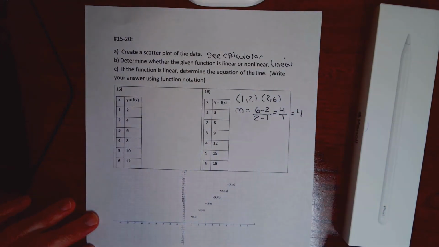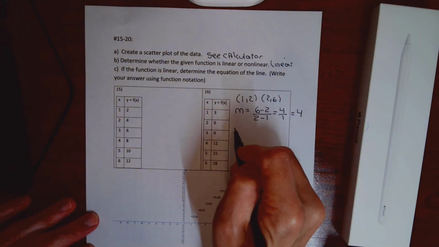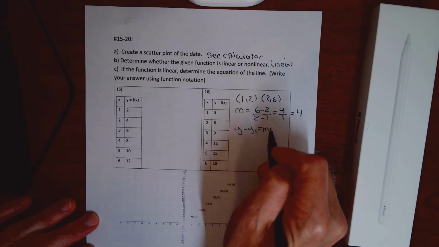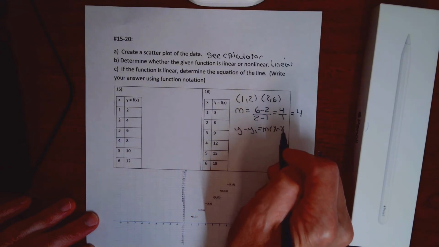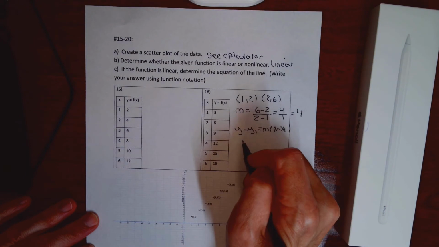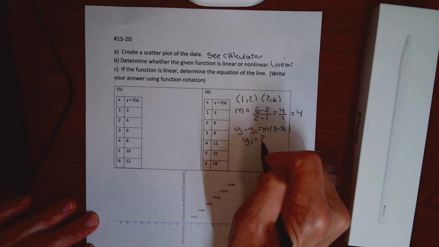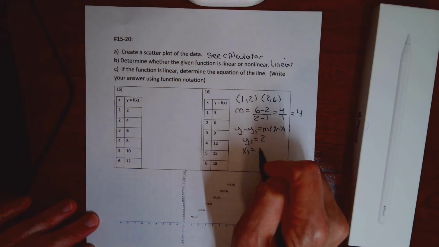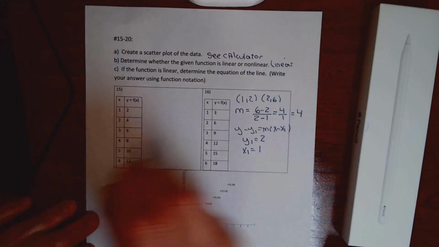And then we did a bunch of lines in the last chapter. I like using the y minus y1 equals m times x minus x1 strategy to get my equation, but you're welcome to do the opposite strategy. For my y1, I'm going to plug in 2, the y coordinate of the first point, and for my x1, I'm going to plug in 1, the x coordinate of the first point that I picked.